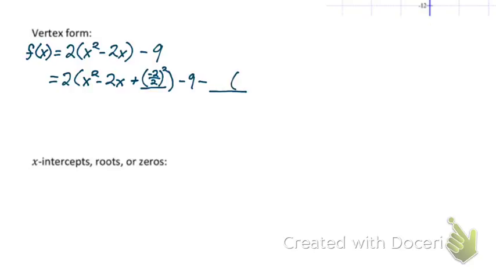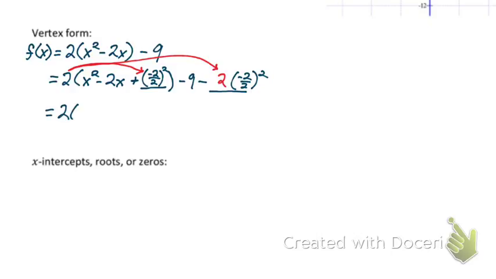The other blank is going to have a negative 2 divided by 2 squared. But we have to remember, since this 2 is outside and would actually get distributed there, we actually have to put that 2 here also. So here I'm actually adding 2 of these, which means I actually have to subtract 2 of them.